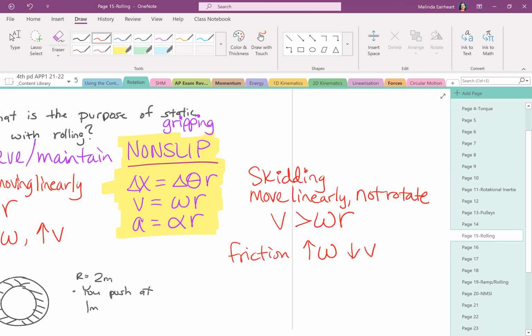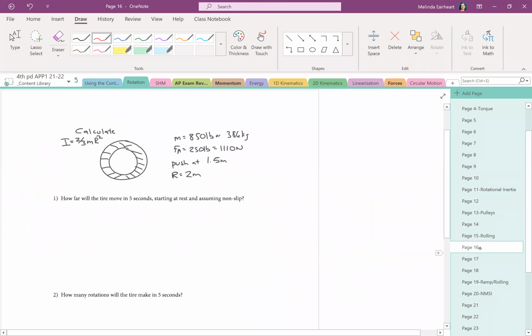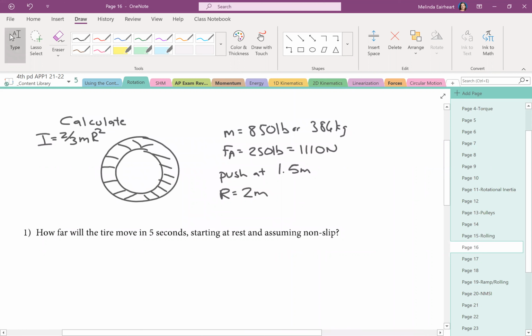Okay, the bottom question is basically setting up the next one. So we'll just move on to page 16. And we'll do this one together. Okay, so here they give us some pounds for mass and force. We're going to ignore that. We'll use the SI units, right?